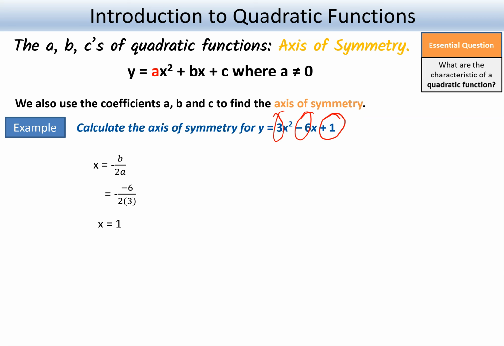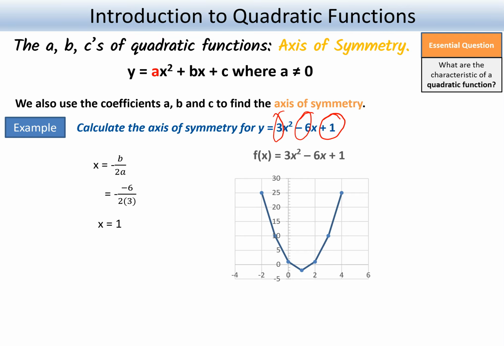So I have -(-6) divided by 2 times 3, which is 6 divided by 6, which is 1. So that means that my axis of symmetry for the graph of this particular function is going to be at x equals 1. So where x equals 1 is where it crosses. That's all I know by doing that. But I do know it is concave up and my axis of symmetry is x equals 1. So that's two characteristics right off the top.